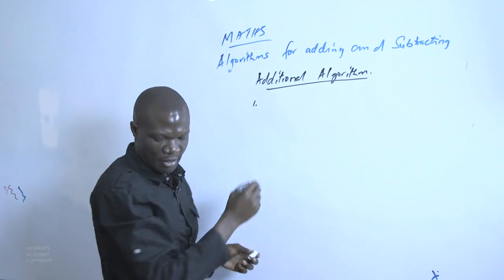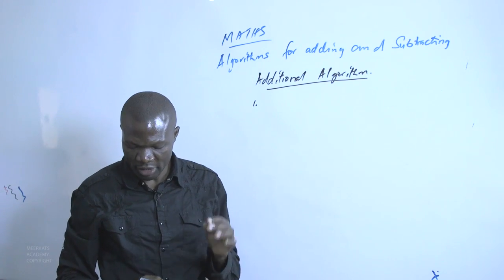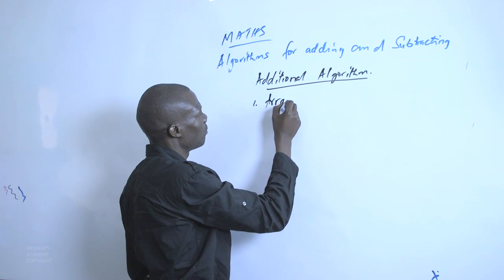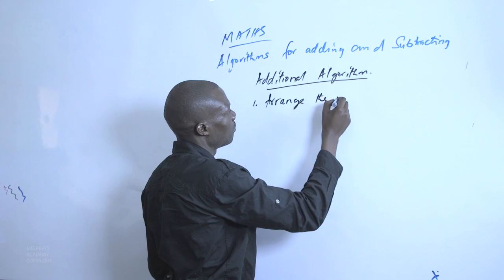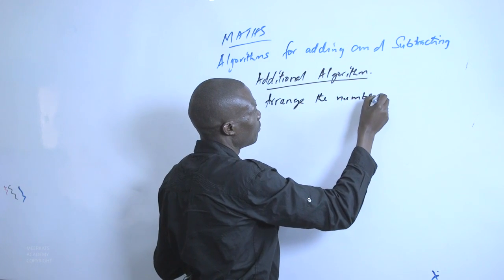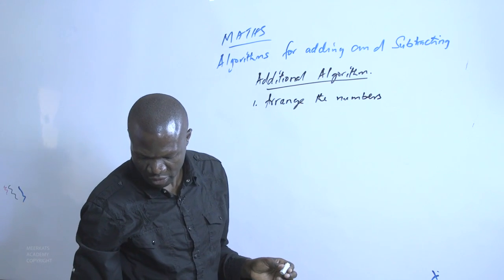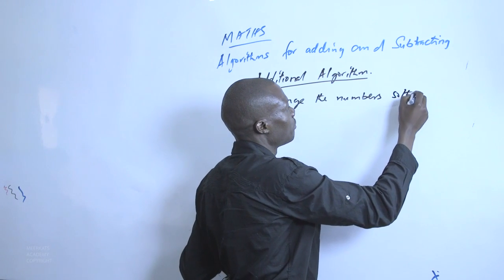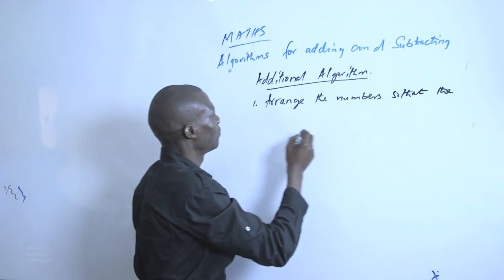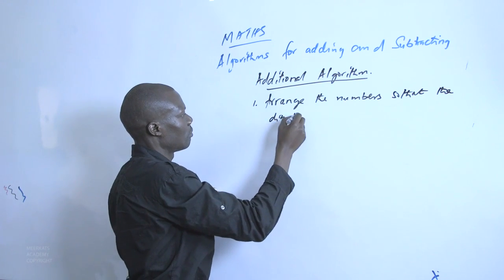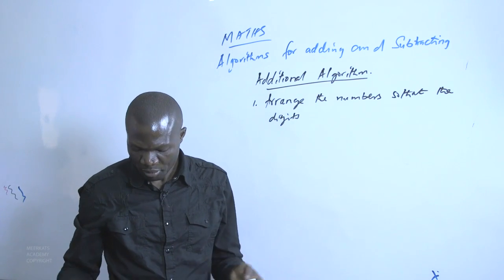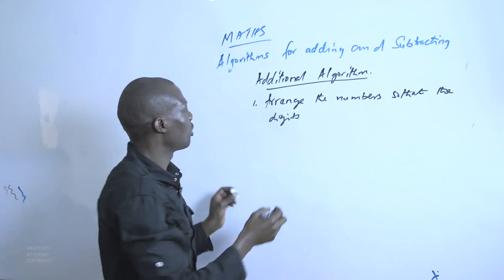Step number 1 that we observe: arrange the numbers vertically so that the digits with similar place values are in the same column.